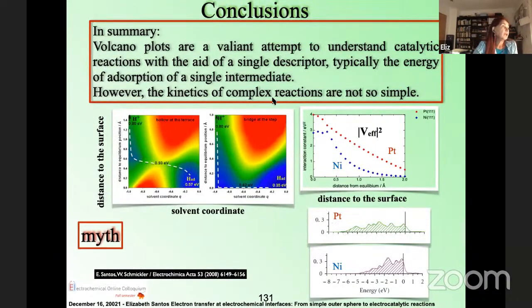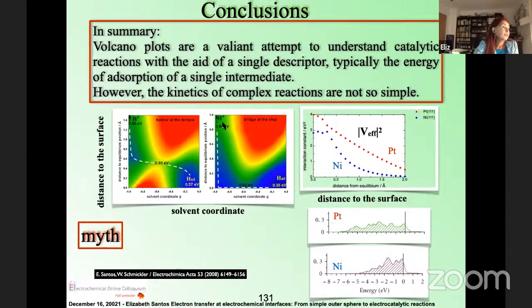Then, in conclusion, we can say that the Volcano plot is a good attempt to understand some catalytic properties with the aid of a single descriptor, but we must be very careful how we do that. Because we have different intermediates, the kinetics of complex reactions are not so simple.